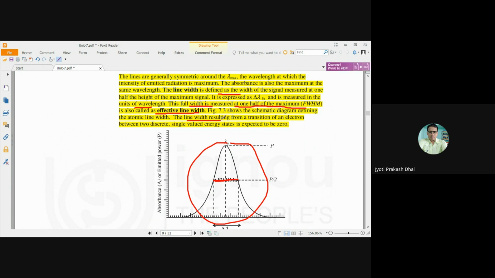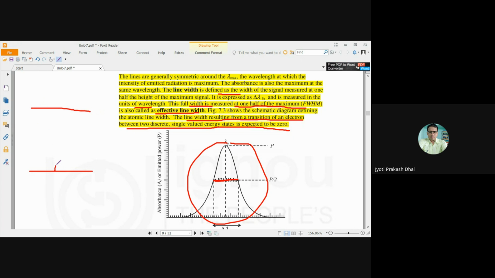The line width resulting from a transition of an electron between two discrete single-value energy states is expected to be 0. So if only electronic transition is there between two discrete energy levels, that means these are the two discrete energy levels. Discrete means individual energy levels.